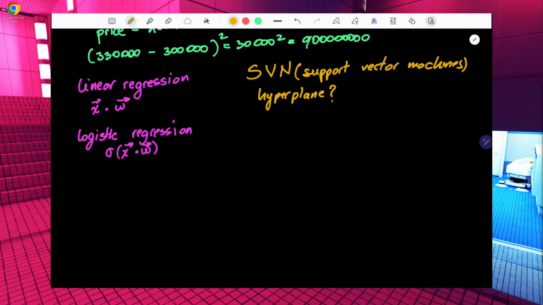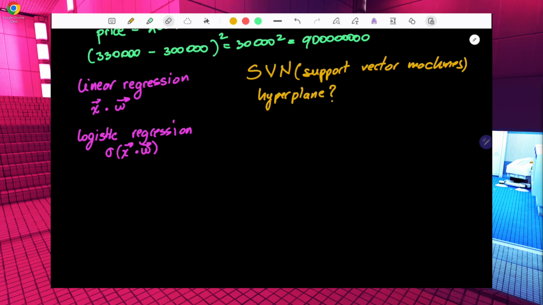A hyperplane in a one-dimensional space is a point, and in two-dimensional, okay, without looking at the book, what can a hyperplane be in two dimensions? It's a line, right? It would be just a line.